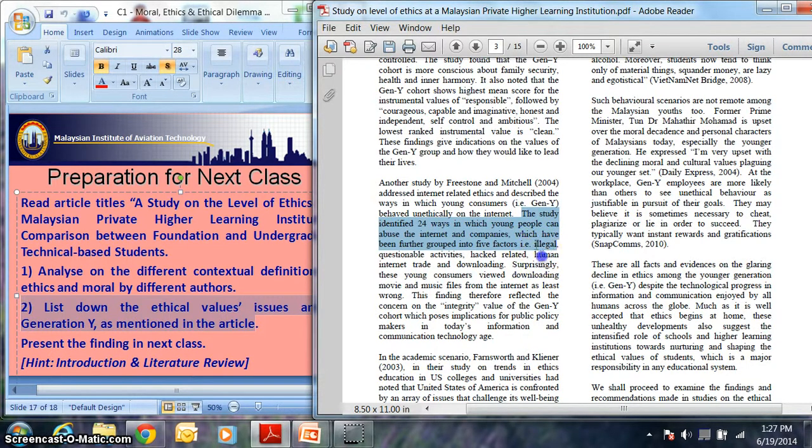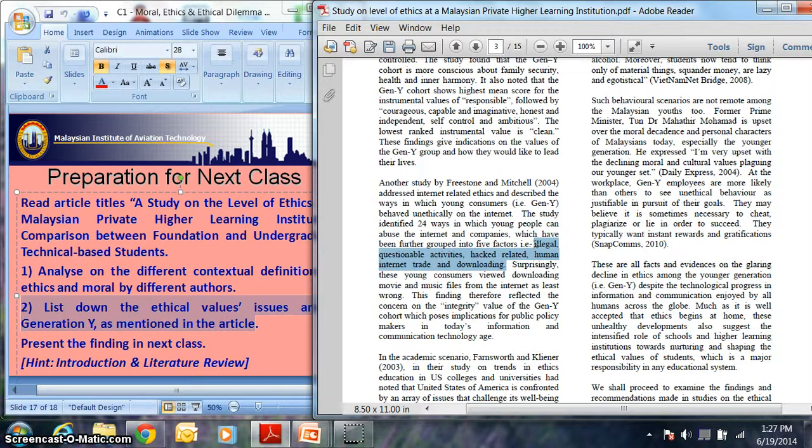Number 1, illegal. Number 2, questionable activities. Number 3, hack related. Number 4, human internet threat. And the last one is downloading. These are the factors that are grouped to assess Gen Y.